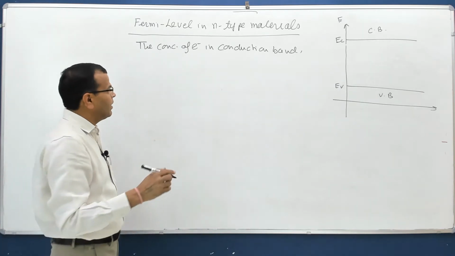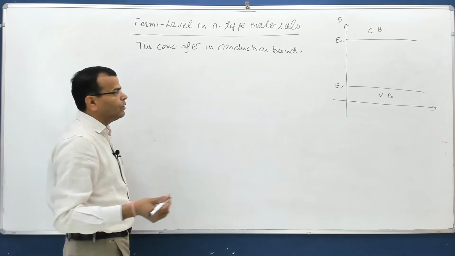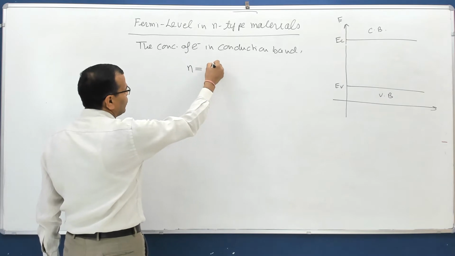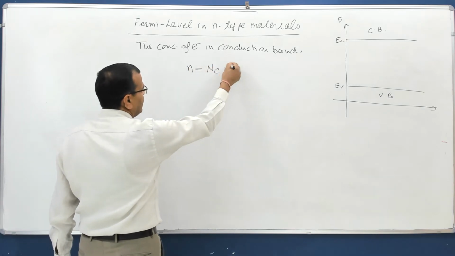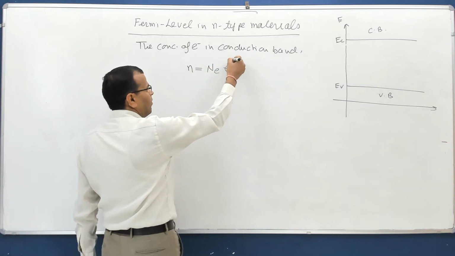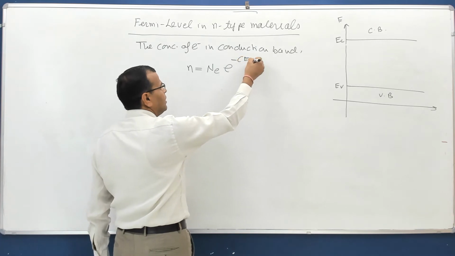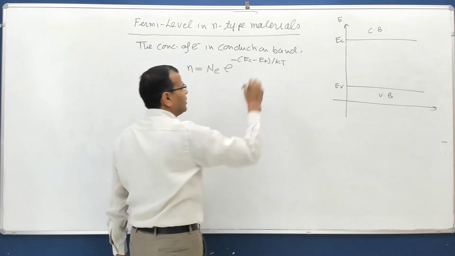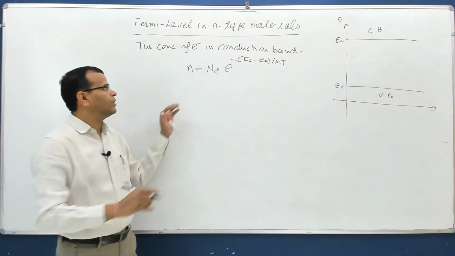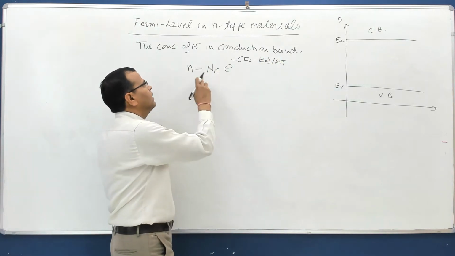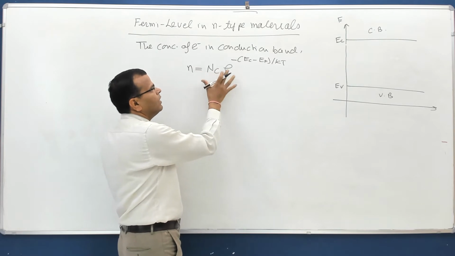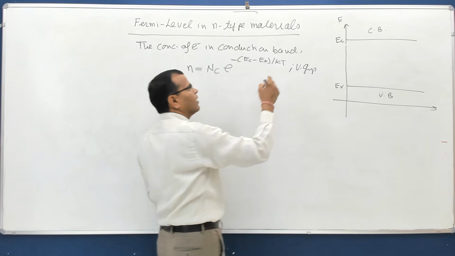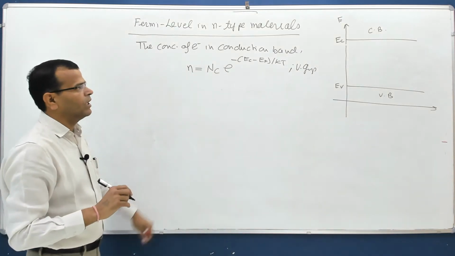This is where I discussed, you can just see that video. So the concentration of electrons in conduction band is N equal to Nc e raised to power minus (Ec minus Ef) by Kt. That is the expression of concentration of electrons in conduction band, this is Nc. This is a very important expression, you should remember. I repeat, this is a very important expression.